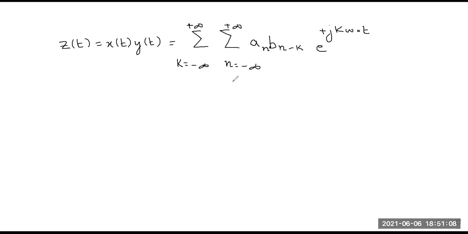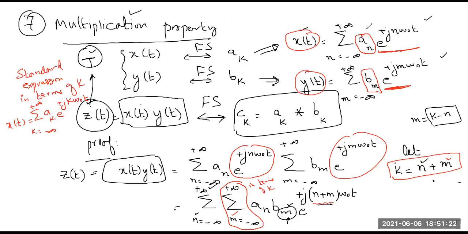So now if you compare this result, this is the signal for which we are finding the Fourier series coefficient. A_n is the Fourier coefficient of x of t. B_m is the Fourier coefficient of y of t.